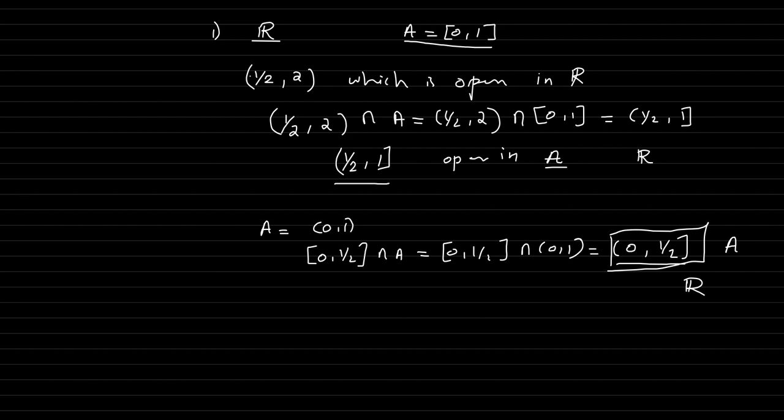And one more problem. Suppose f from X to Y is a continuous function, and A is a subspace of X, then the function f restricted to A from A to Y is also continuous.